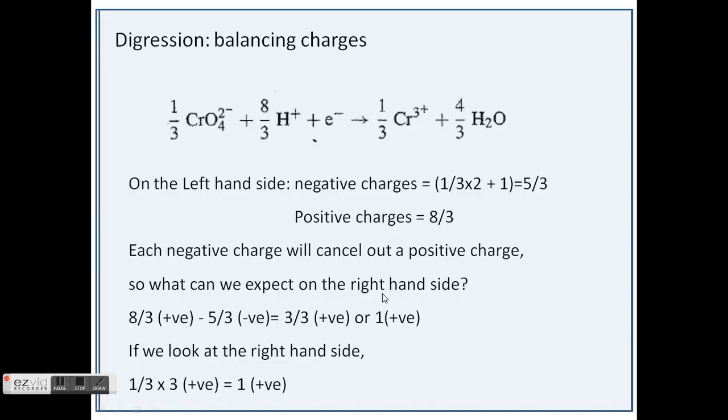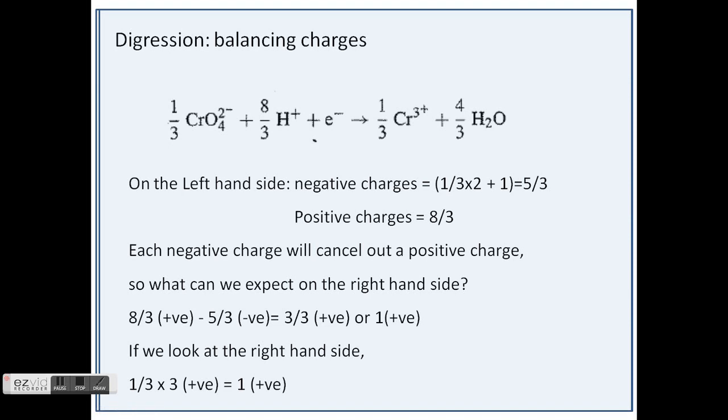Digression, I just want to give one more example of balancing charges because you have that in your homework. Again, we look here, we have the mole 1 over 3, and this is 2 negative charges, so we'll multiply it, and that will give us 2 over 3 plus 1.